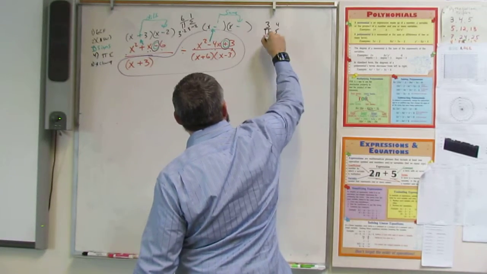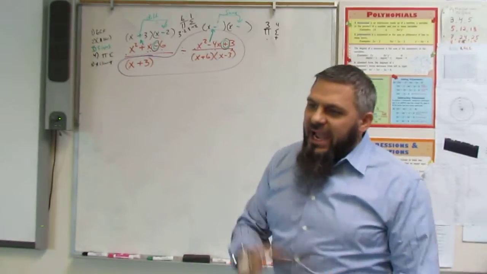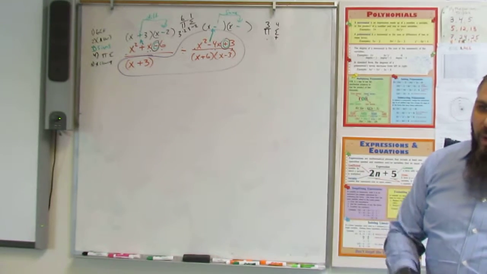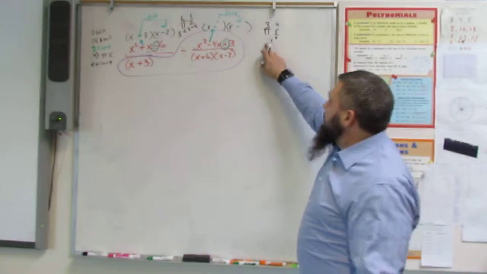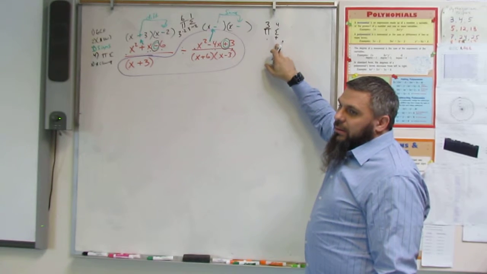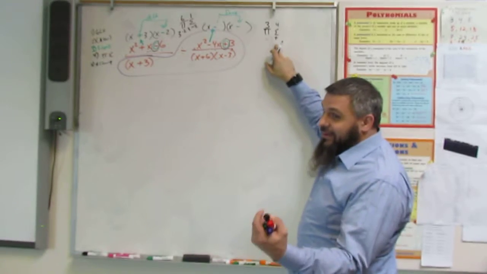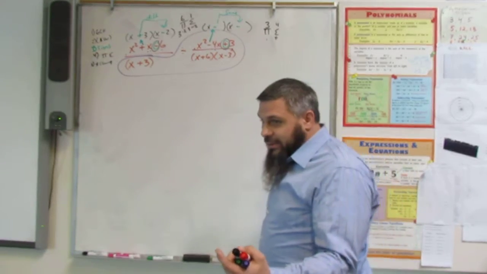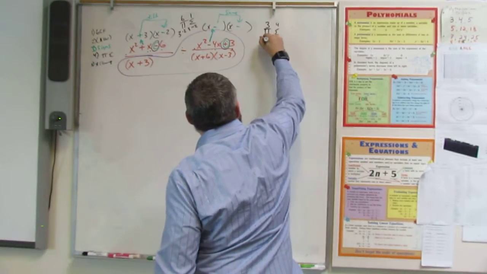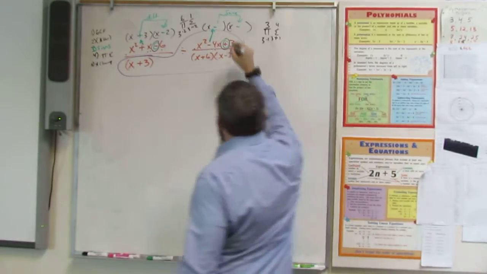I'm adding. So I need to know what multiplies to be 3, but they add to be 4. I thought 3 is a prime. It is. 3 times 1, and 3 plus 1. And so it's 3 and 1.